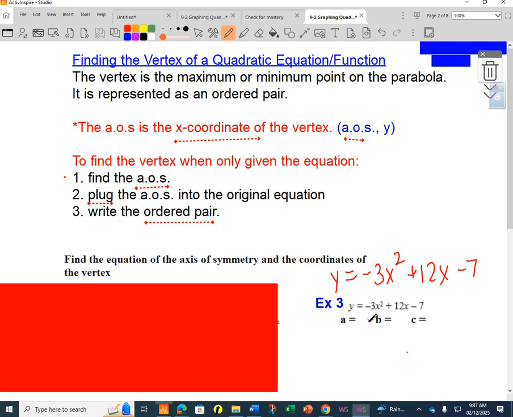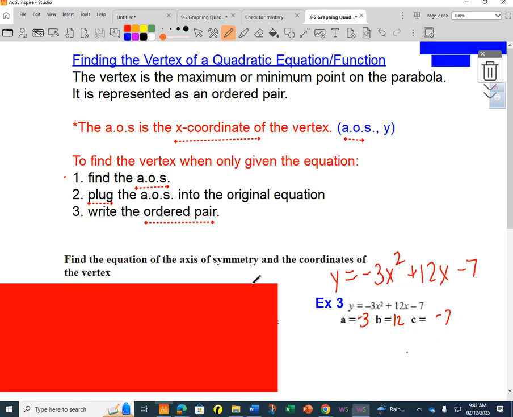So for this example, which number is with the x squared? Negative 3, right? So the negative 3 is in front of x squared, so that's the A. What's the B? What's the C, please?